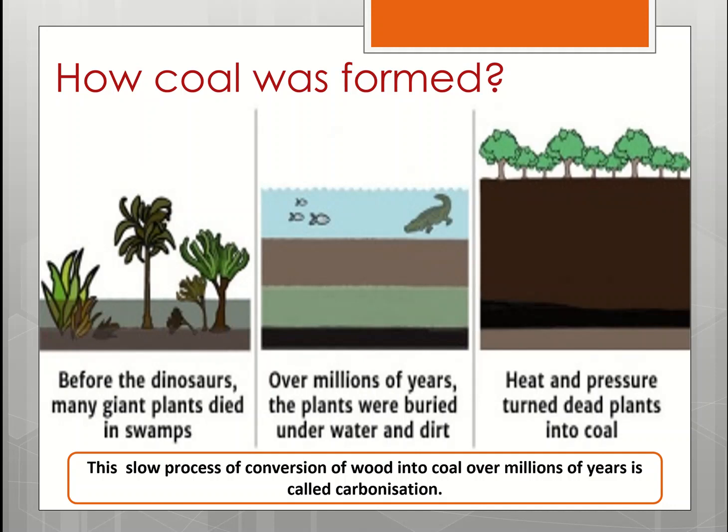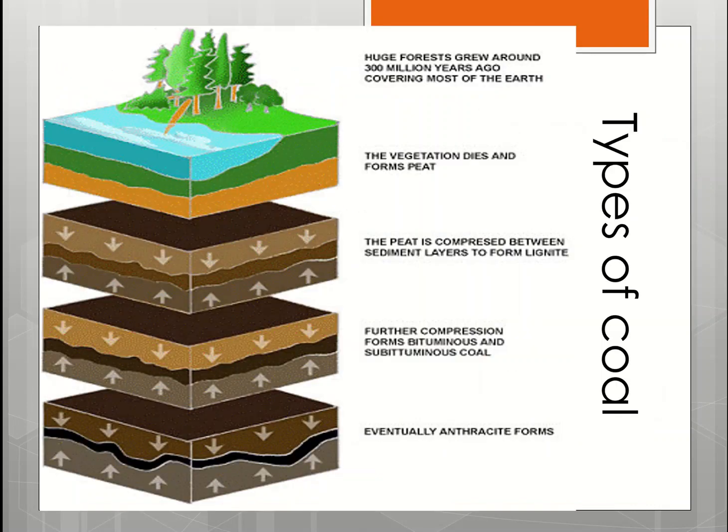This high amount of heat and pressure and the absence of oxygen have turned the dead plants into coal. But this is a very slow process occurring over millions of years. This slow process of conversion of wood into coal over millions of years is called carbonization.